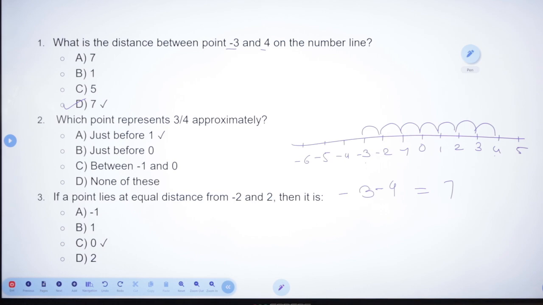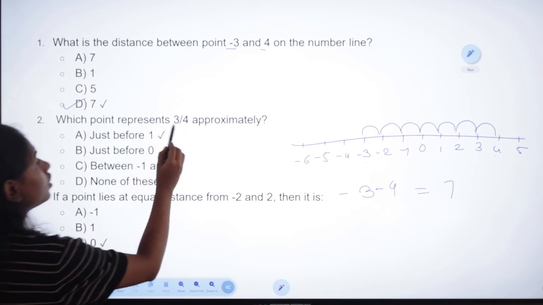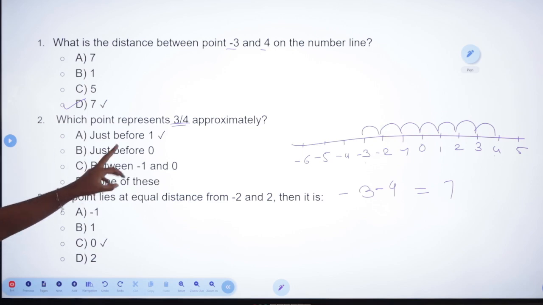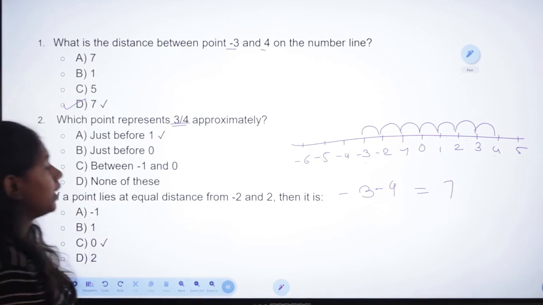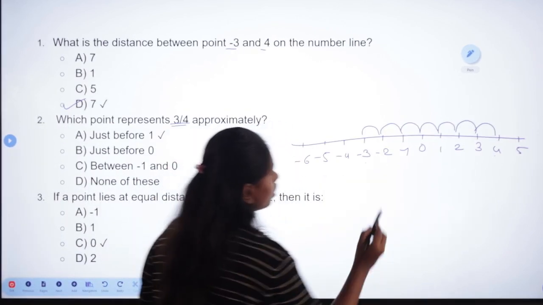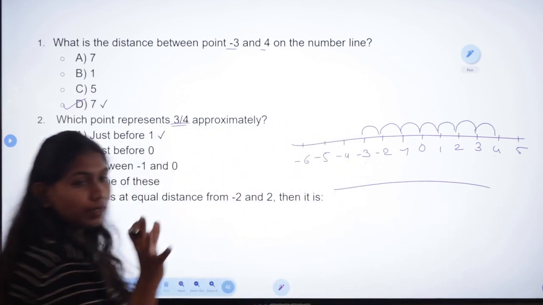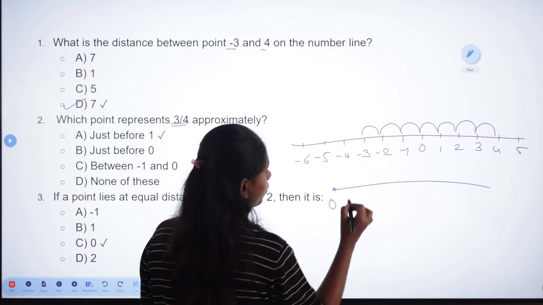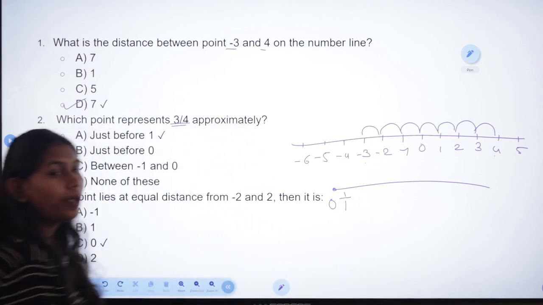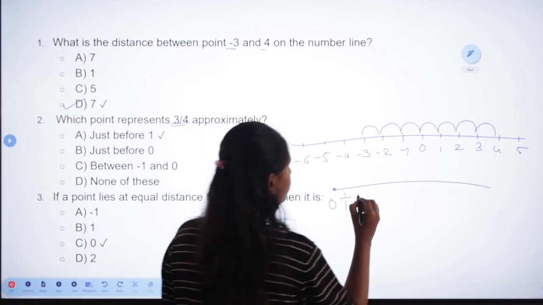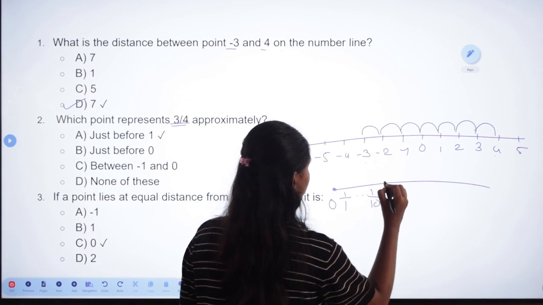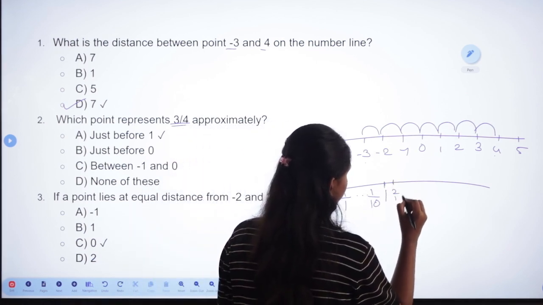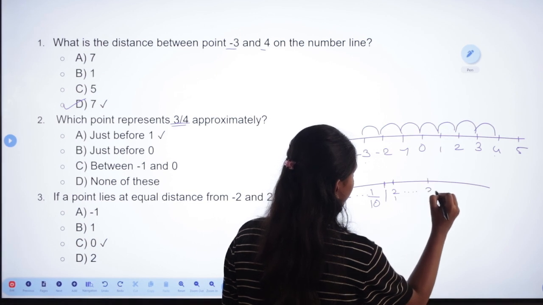The next question: which point represents 3 by 4 approximately? Now, where are the rational numbers in between two points? If you take 0, then it will start with 1 by 1, then up to 1 by 10. Then the next number, that is 1. Then 2 by 1 up to 2 by 10.